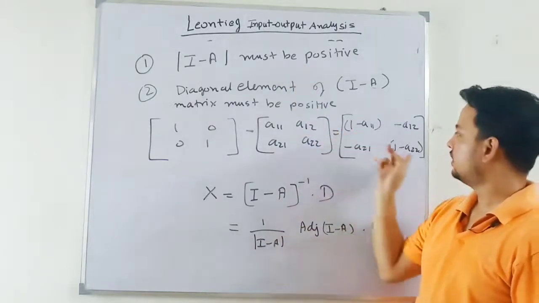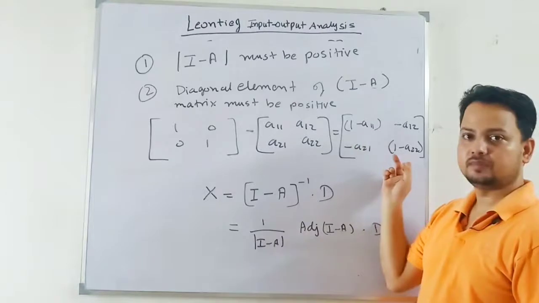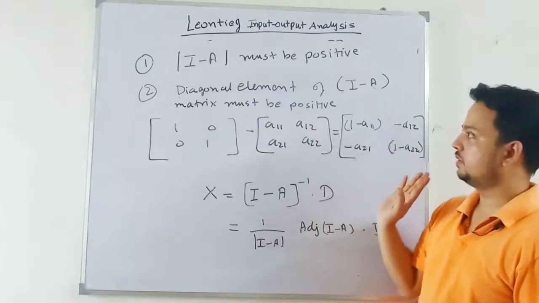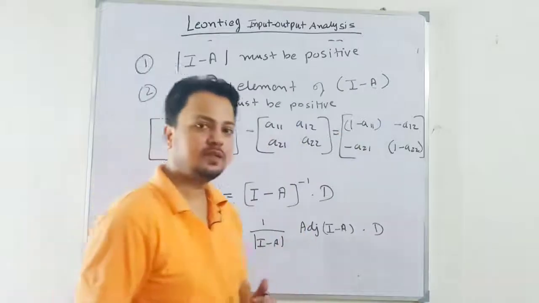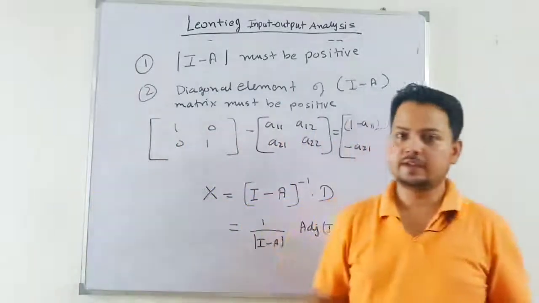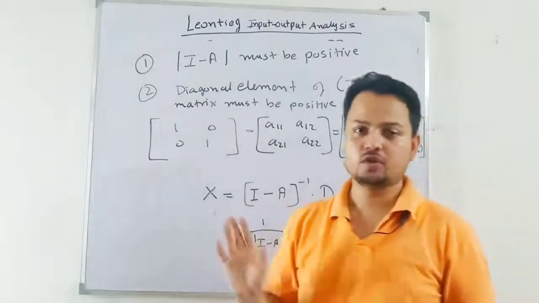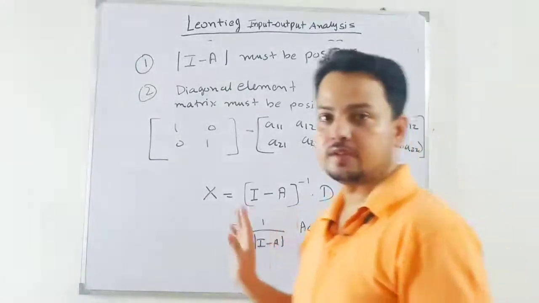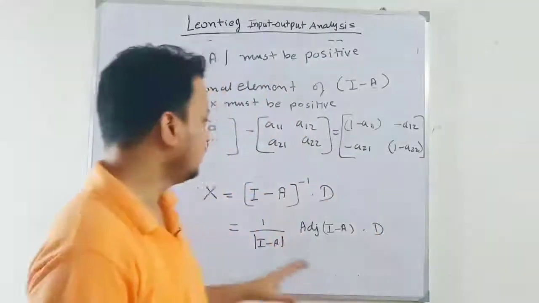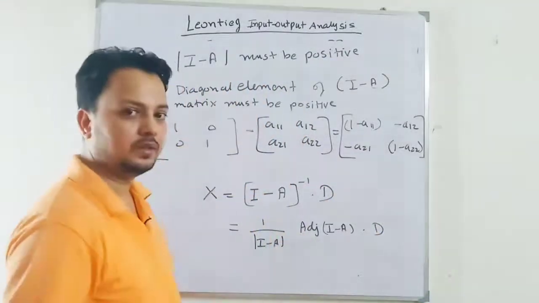Second condition, the diagonal elements in the matrix must be positive. So Hawkins-Simons is a feasibility condition that gives us the existence of equilibrium in input-output analysis where demand equals supply. These are the two conditions you should check.